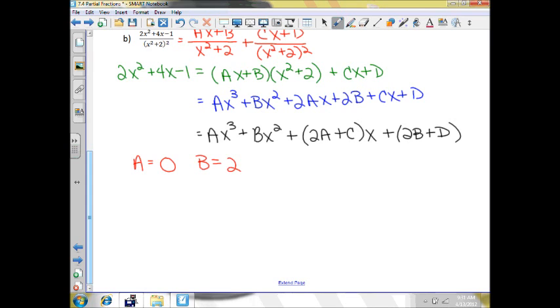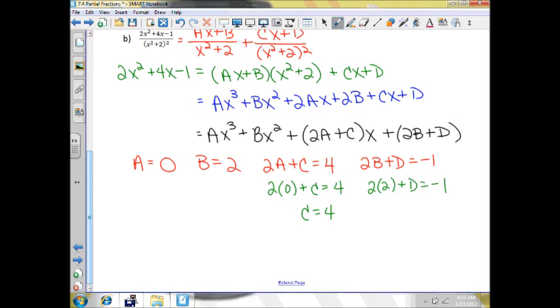B will equal 2. 2a plus c will equal 4. 2b plus d will equal -1. Well, we'll have 2 times 0 plus c equals 4, which means c will equal 4. And then 2 times 2 plus d will equal -1, which means d will equal -5.